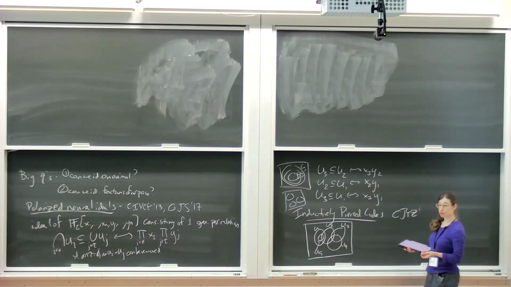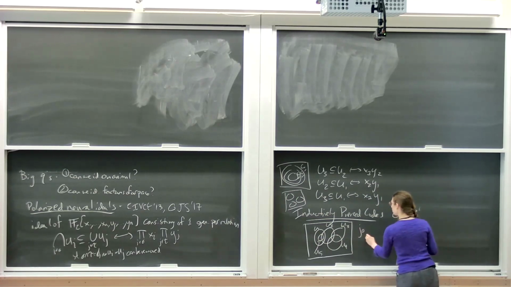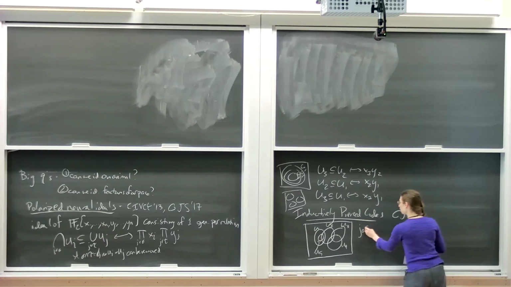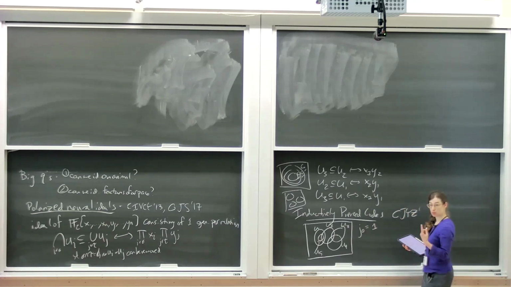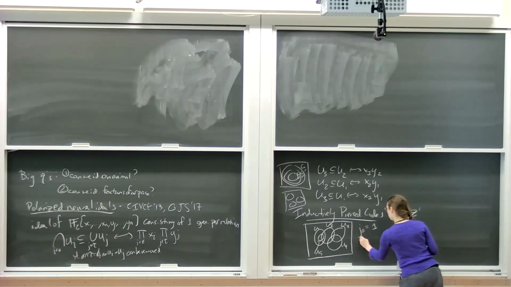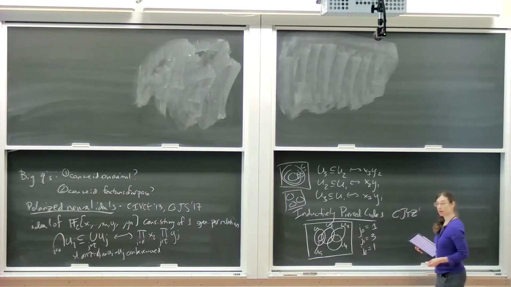A thing we can count from here is how many piercings of each type we have. We'll call these numbers J's. So I could write J0 is 1, there's 1 0 piercing. J1 equals 3, and J2 is 1.